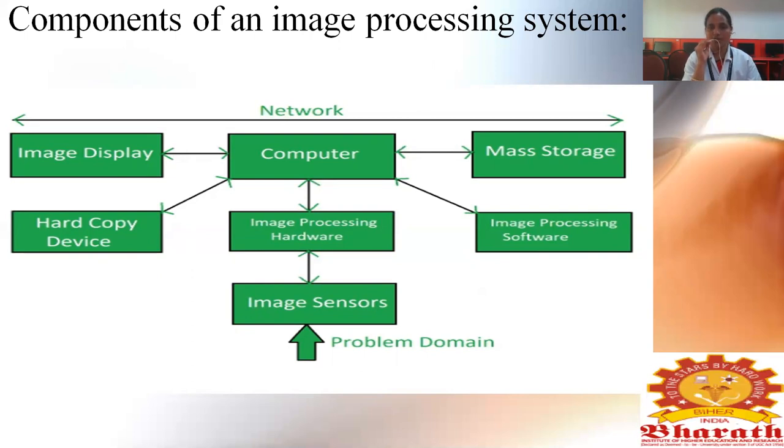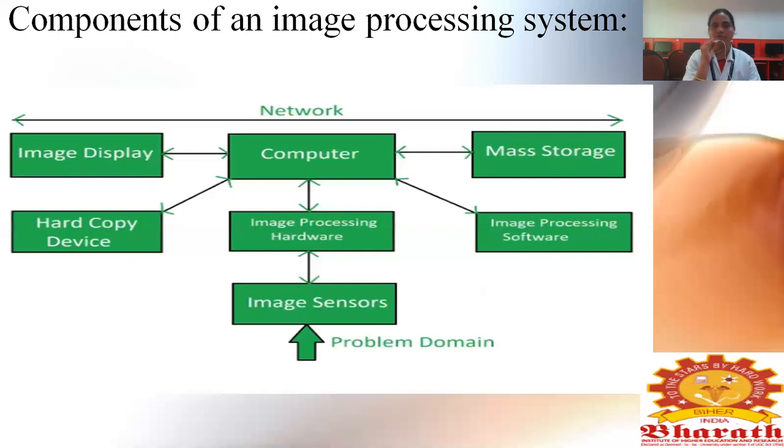After it is fed to the system, it can be processed using the image processing software. And after processing, the output image can be shown in the image display, which can be done using our monitors.